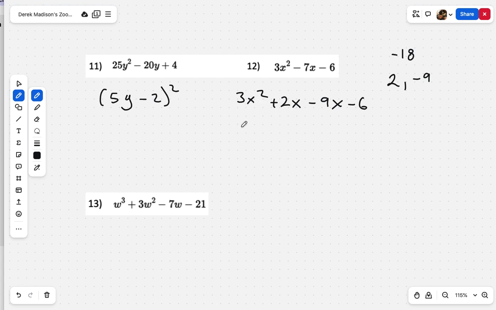So from these two I could take out an x, and that leaves behind a, oops, I forgot my 3x plus 2. And then I need to get that sign flipped around so it's positive, so I'm going to factor out a negative 3. And that will leave me another 3x plus 2, because I'm factoring a negative out of a negative, so that makes it positive.